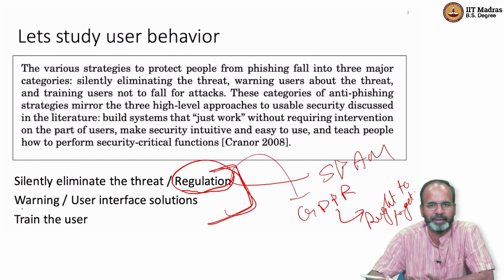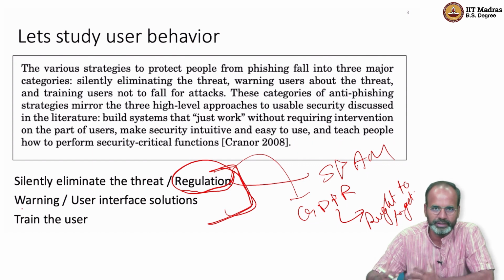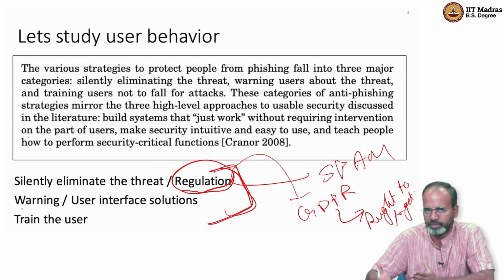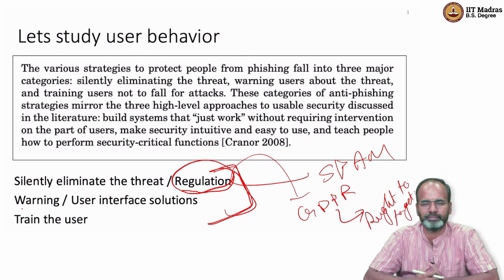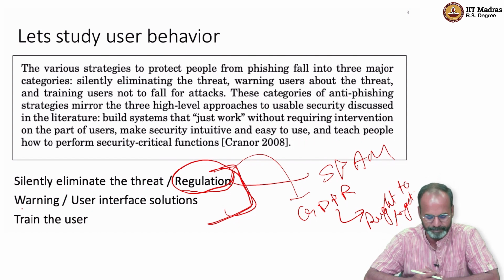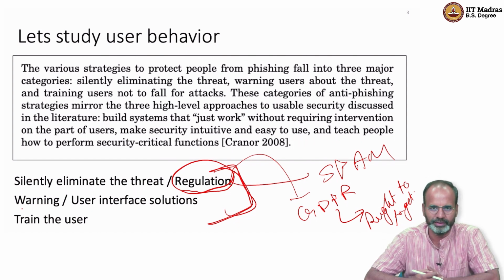Or if a breach happens in the company and the data is shared with a third party and it is found, the company is accountable for so much money as a fine. So in these things, users are not part of the solution, and the problem is getting solved at a level before the user.